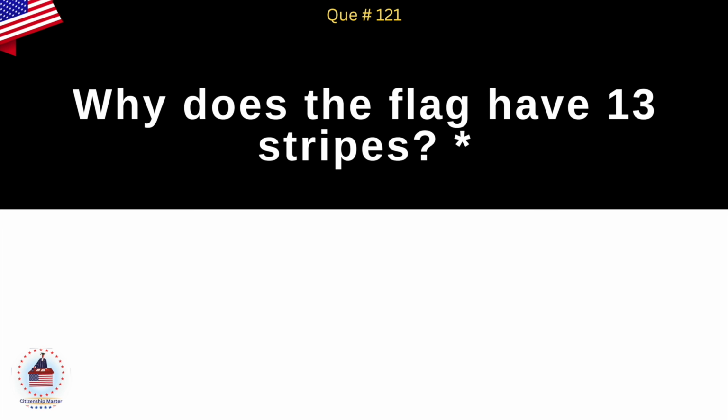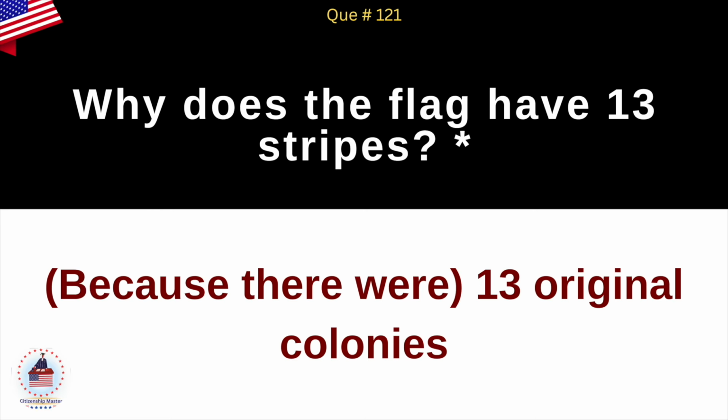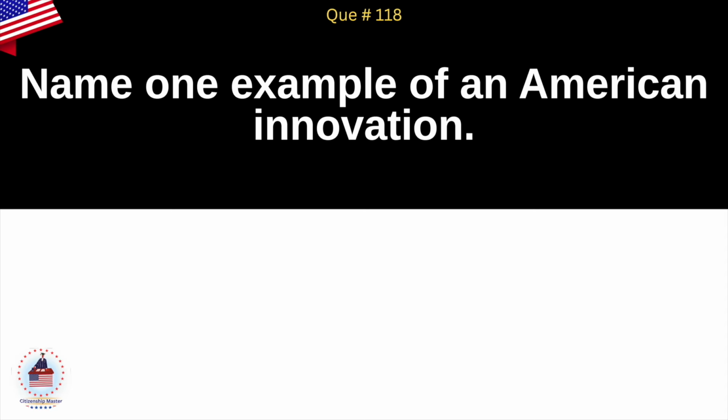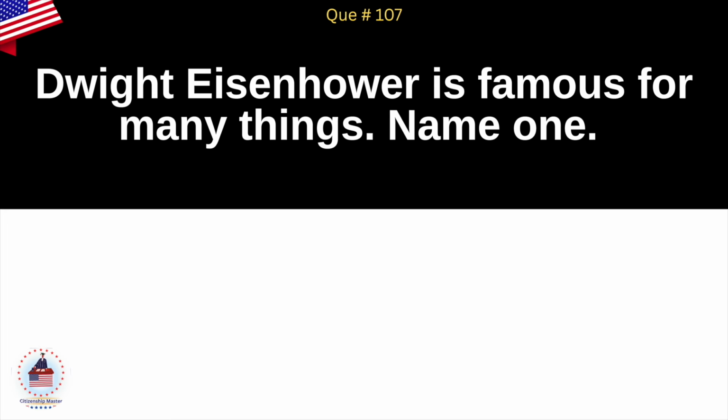Why does the flag have 13 stripes? Because there were 13 original colonies. Name one example of an American innovation. Light bulb. Dwight Eisenhower is famous for many things.